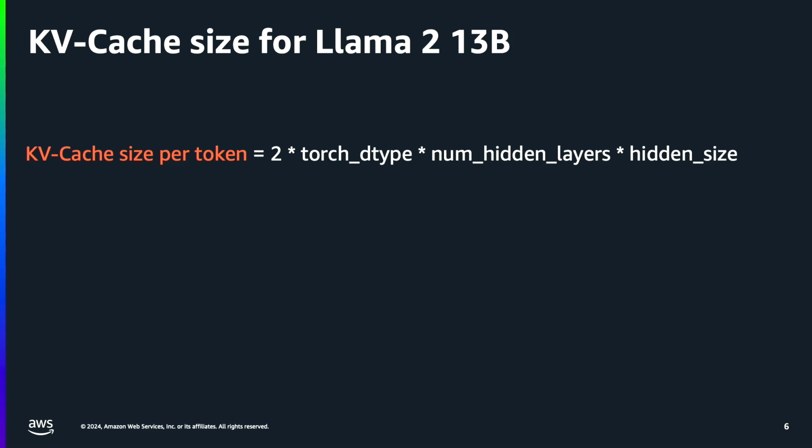The number of layers represents the number of transformer blocks in the model. And the hidden size represents the dimension of the attention block. So let me show you how to get the values for the number of hidden layers and the hidden size that is required to calculate the KV cache size as per this formula.